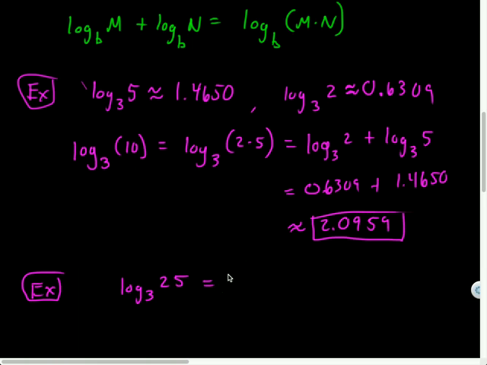Yep, you were both on the right track. So log base 3 of 5 times 5 is just log base 3 of 5 plus log base 3 of 5, which is the 1.4650 doubled. So 2.93. That's what I get, 2.9300.